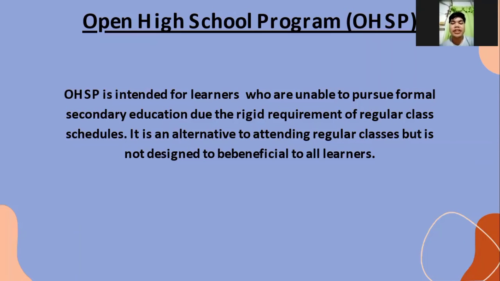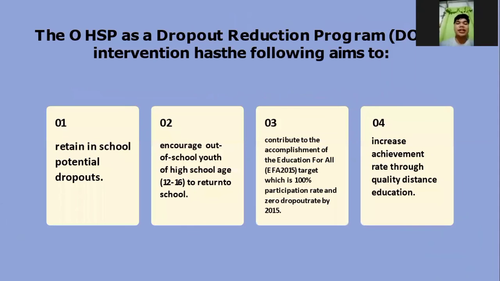The Open High School Program is aligned with the school improvement plan's goal of producing functionally literate learners who have mastery of basic competence, are capable of problem solving, and are productive members of their family and community. So next slide.